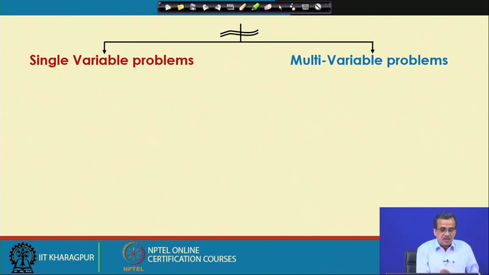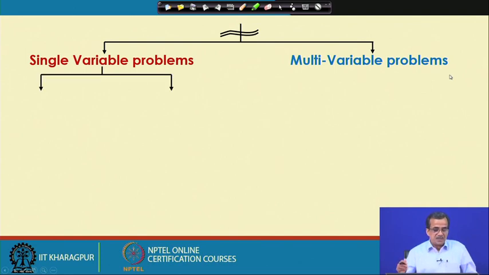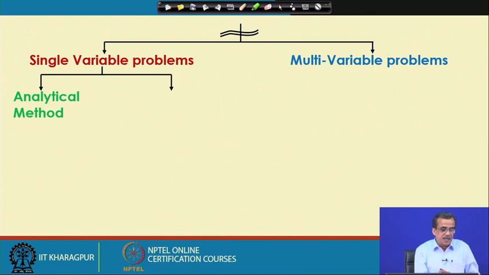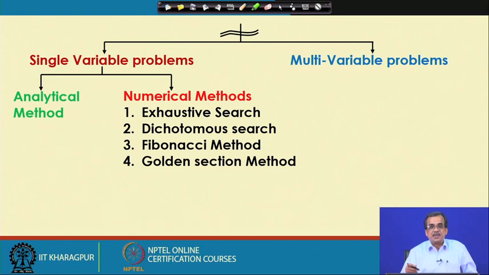One is called the single variable problem, another is called the multivariable problems. Single variable problems can be solved either by using analytical method or some numerical methods. The analytical method I have already discussed, that is the method of calculus.